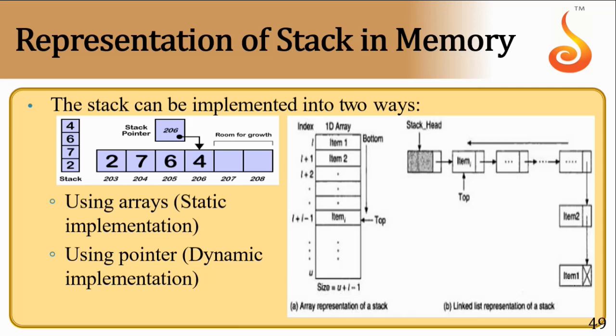Each one is called a node, and nodes need not be one next to another, but they are logically linked to one another. How exactly it happens when we do linked list, I'll tell you: how to create a node dynamically by allocating memory during runtime, and how I can delete and deallocate memory during runtime. So we will be studying the array based implementation, that is, stack implemented using arrays for our exam.